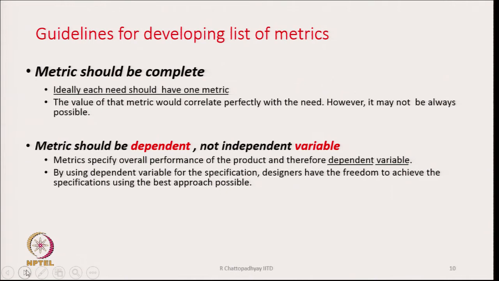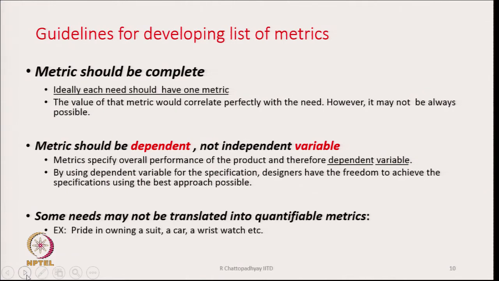So, with these three variables I can have different combinations of them to produce a yarn which will satisfy the requirement of the strength. This is what it is. Next is, some needs may not be translated into quantifiable metrics.